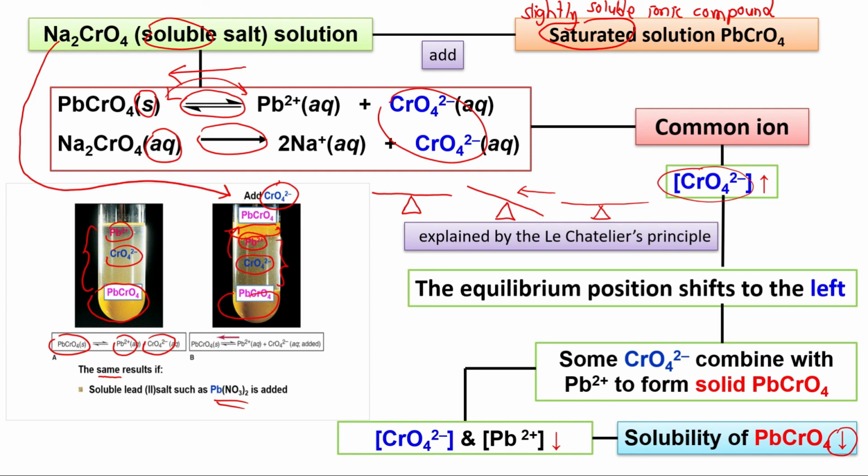Whenever you add any soluble salt containing either of these two ions, the solubility will decrease. Later on, when you do calculations during your tutorial session, you will see that the solubility in pure water will be higher compared to when you have a common ion.